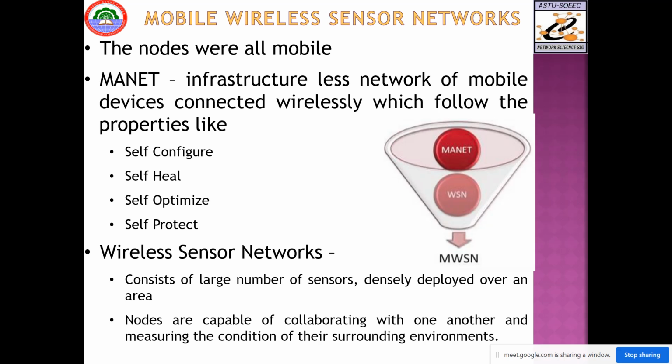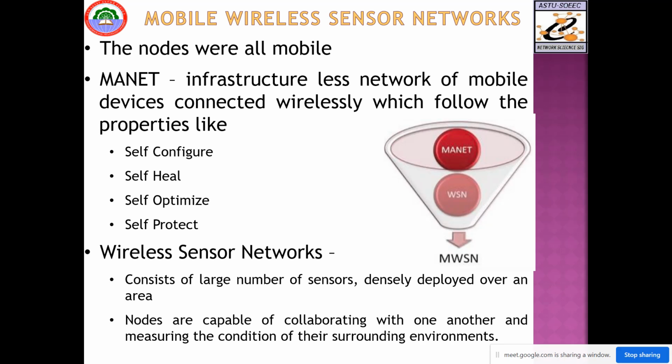Ad hoc means temporary. So a temporary network with all these devices, so that we can transfer data from one device to another device. The properties of the ad hoc network are that these networks have the capability to configure themselves.